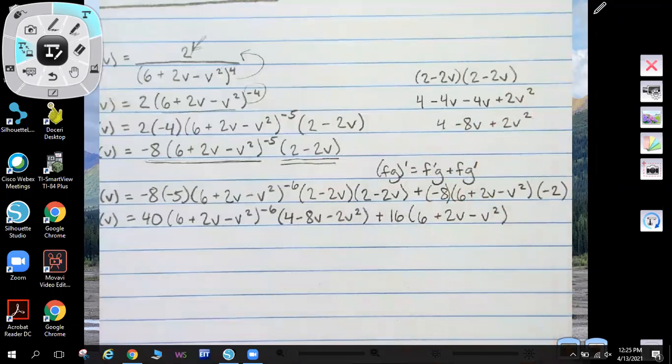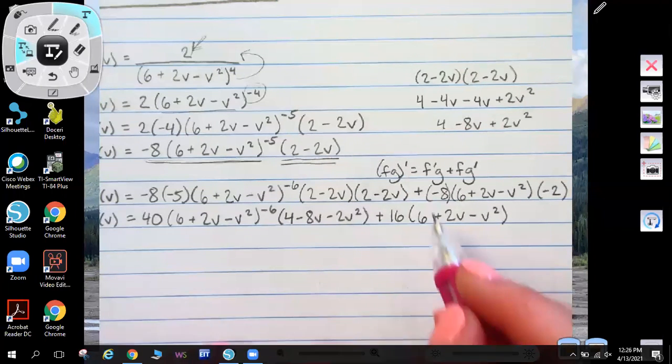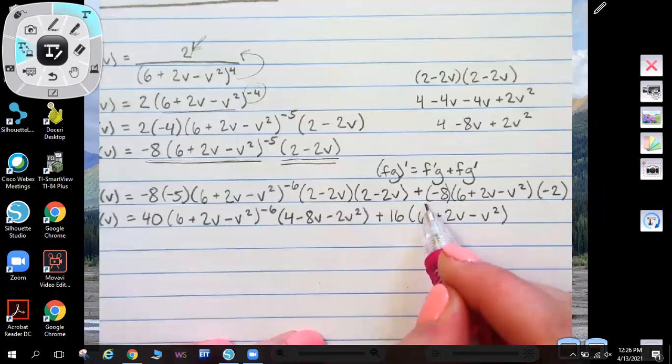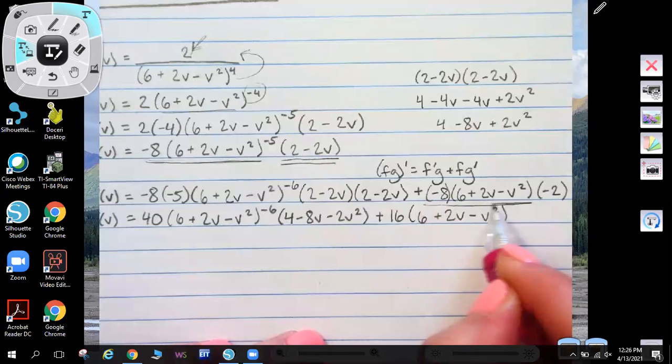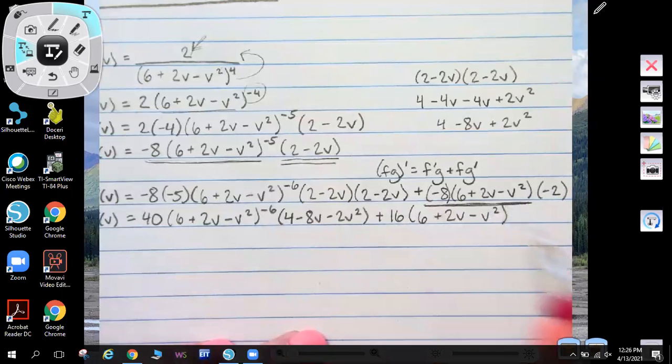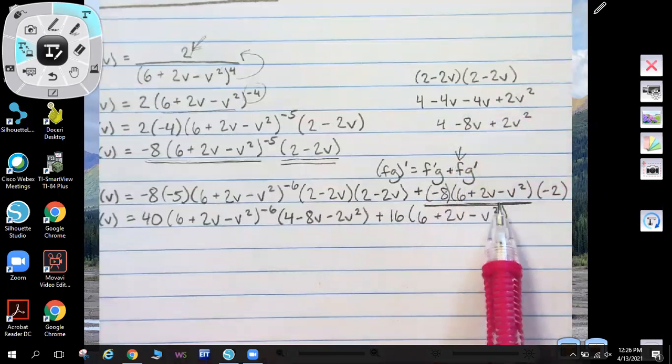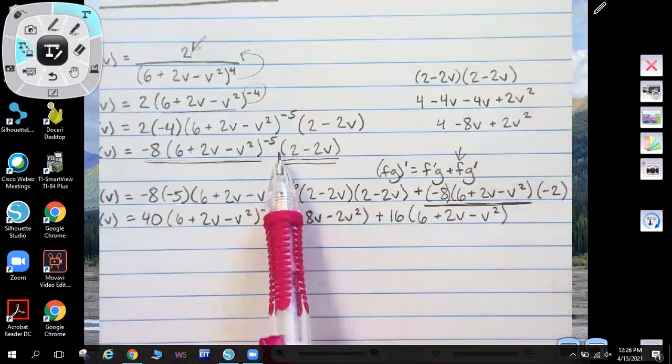Oh, we forgot something. Wait, no, we didn't. Yes, we did. I did. Right here, -8: this is our f part of the function, so it's just our first function as is, and I forgot the exponent.